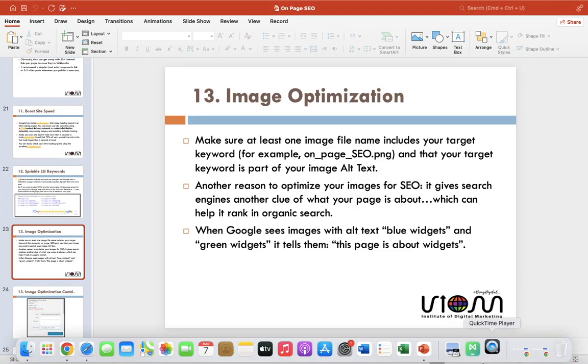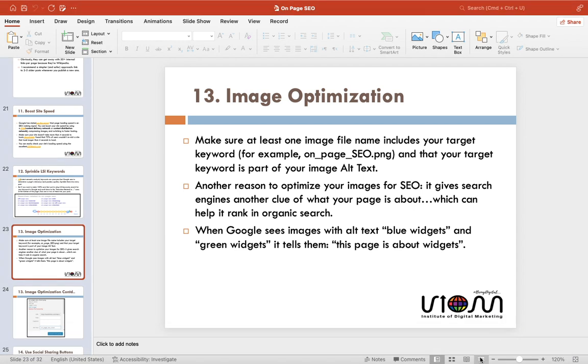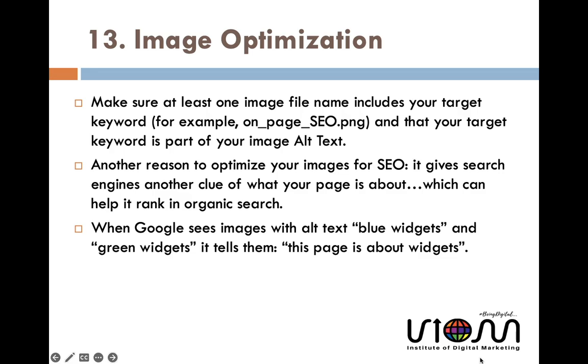Then image optimization. So what is image optimization? Whenever you are uploading any image on your blog, give a name to that image. Let's say your blog is on positive affirmations. Then the image name should also be positive affirmation. There is also a part when you upload, called the alternative text, the image alt text. In this image alt text section, we have to add our keyword, like positive affirmation.